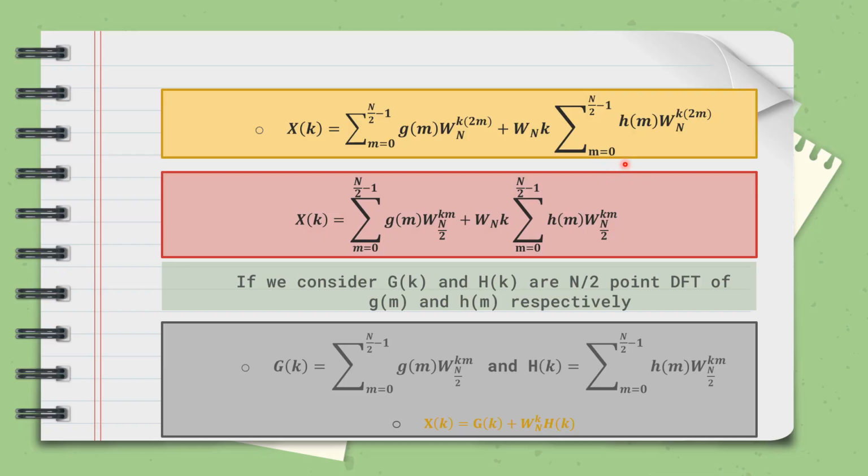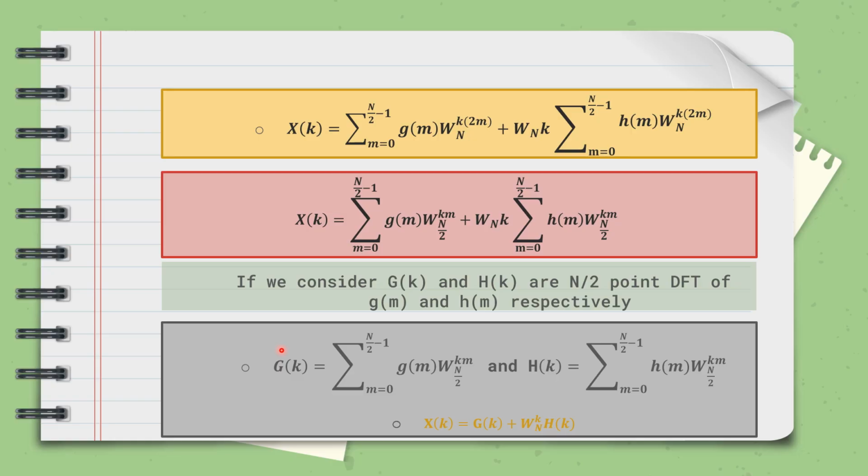And so now the previous equation will become like this, where W_N to the power of k is brought to the front of the summation here. And next, considering the third twiddle factor here, the 2k will become k and the N here will be N by 2. Same for the odd side here.